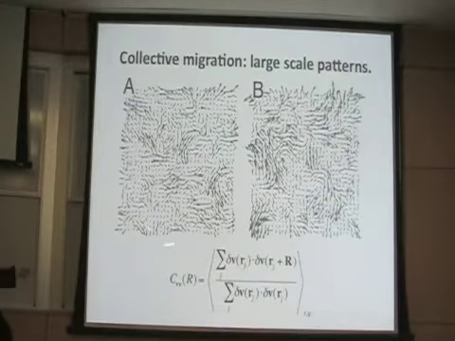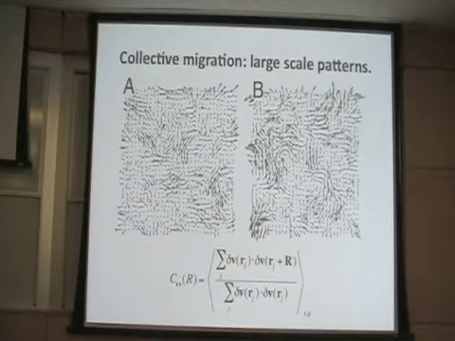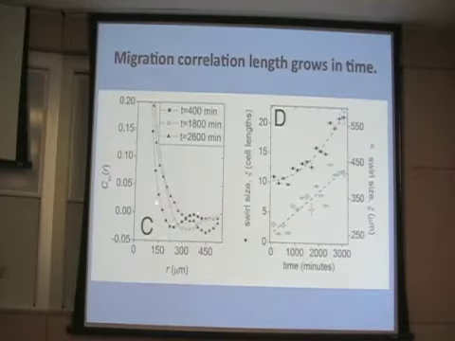So you can do the same PIV analysis on that motion, and indeed, again, you see large swirly domains, and we use almost the exact same correlation function, but now on velocity vectors. And this time, instead of decaying exponentially, at each time point we have a negative minimum, which means these are more swirly.